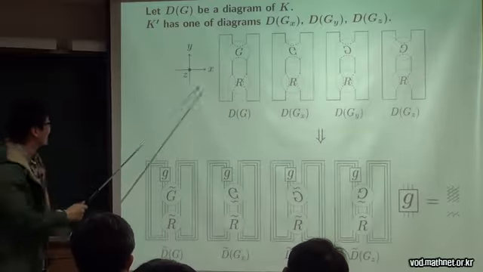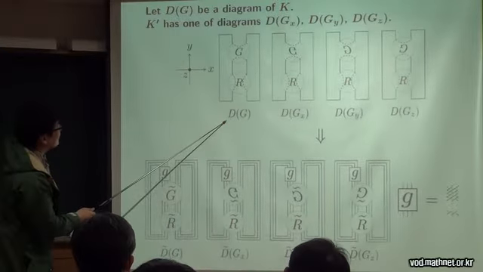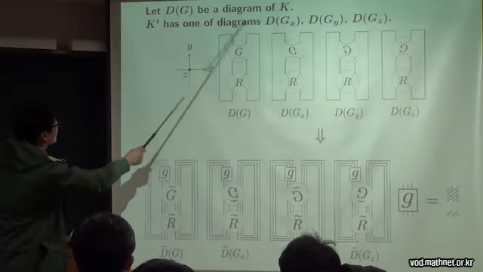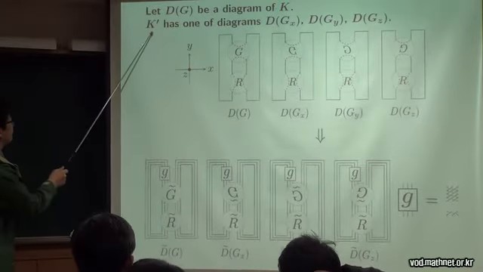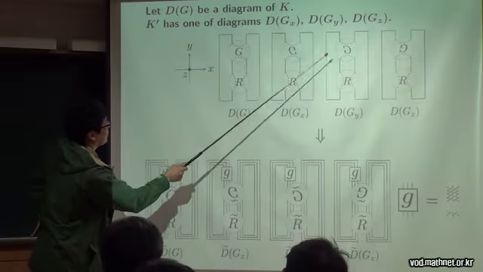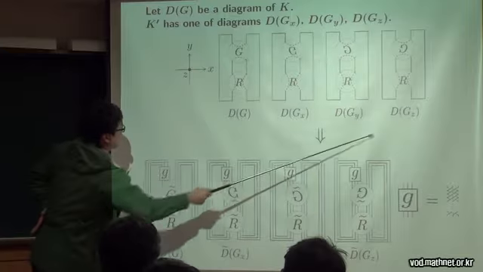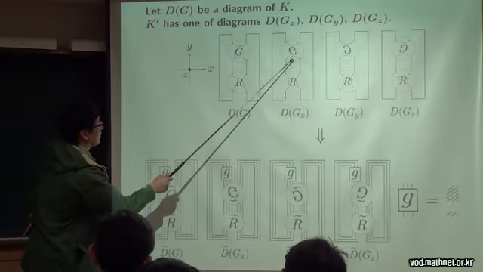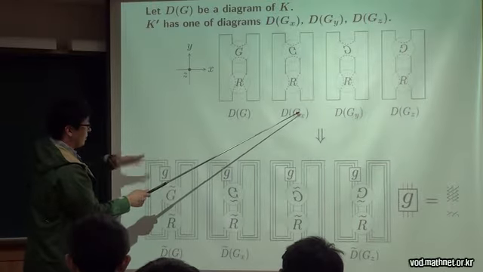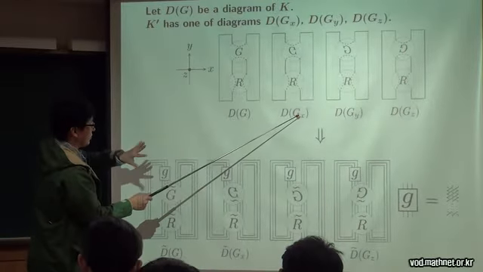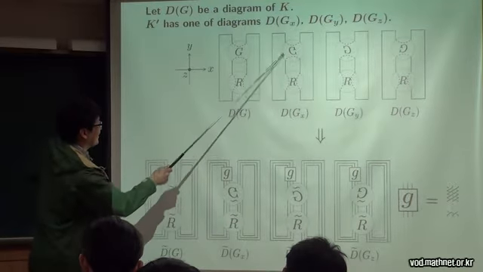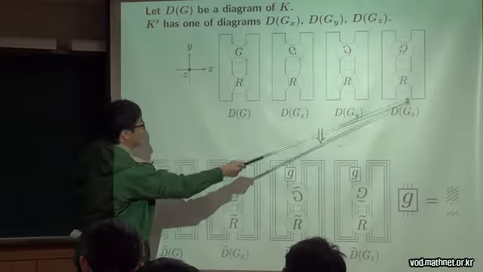This is a diagram of K. So K prime has one of the diagrams DGx, DGy, DGz, one of them. Gx is a tangle obtained by rotating around the x-axis, like this. And Gy is this. Gz is this.